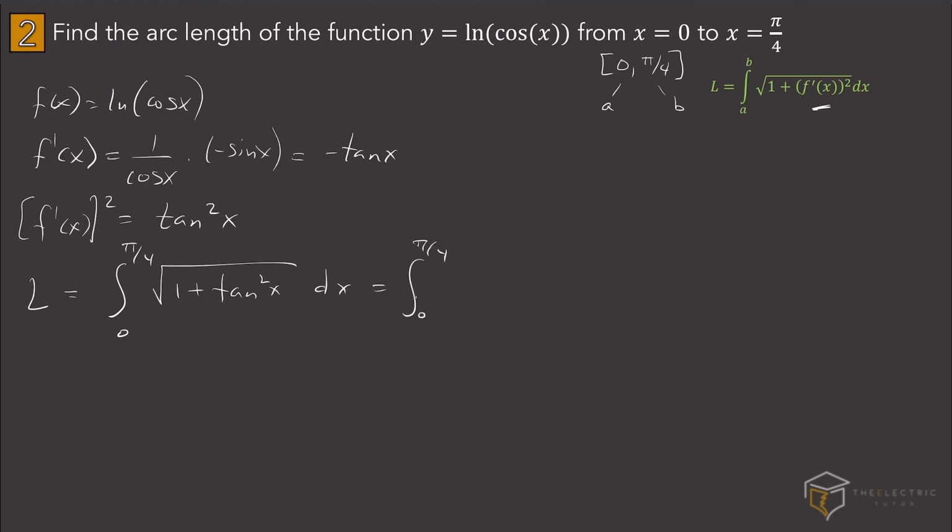Notice that this is the same as secant squared, which is awesome because the square and the root cancel.